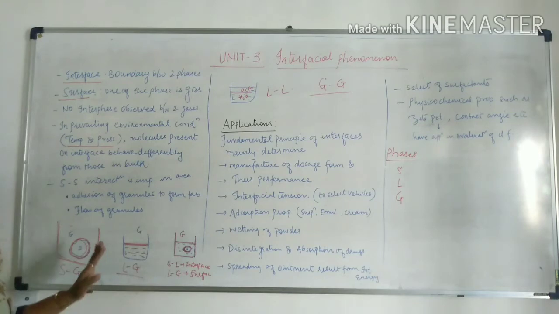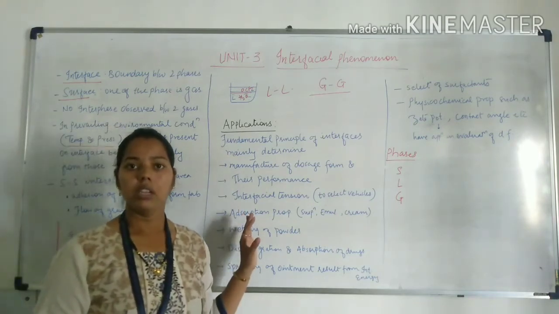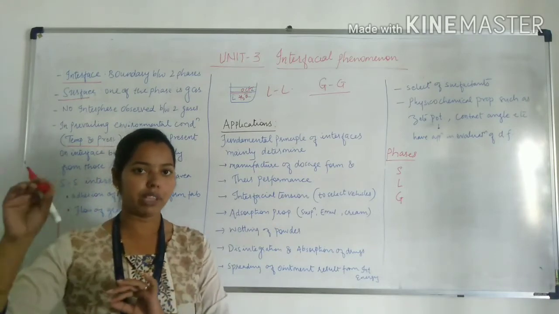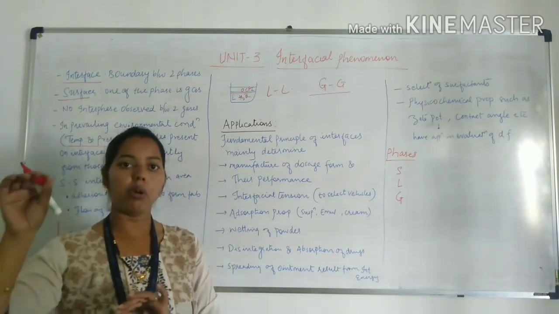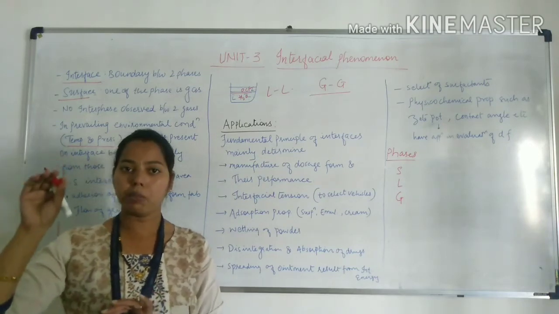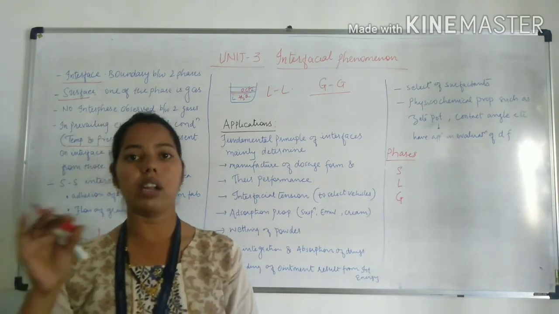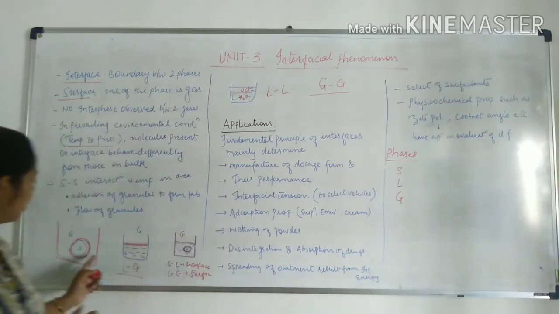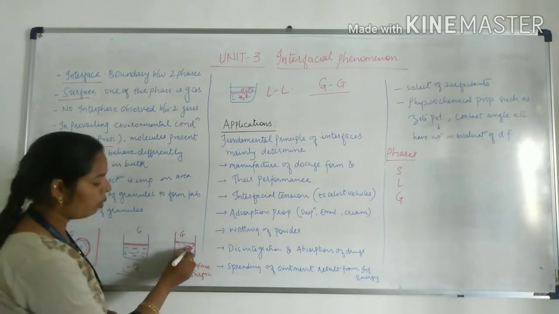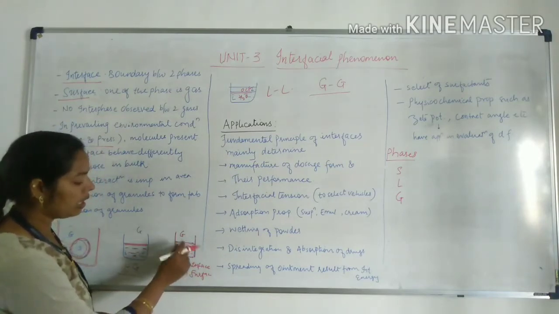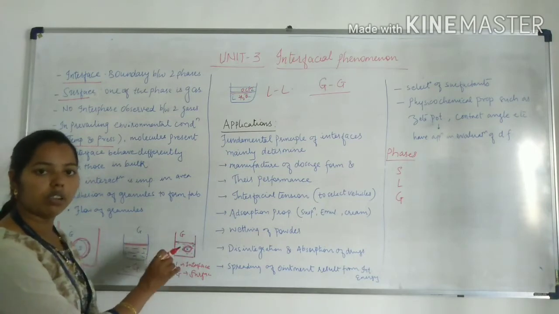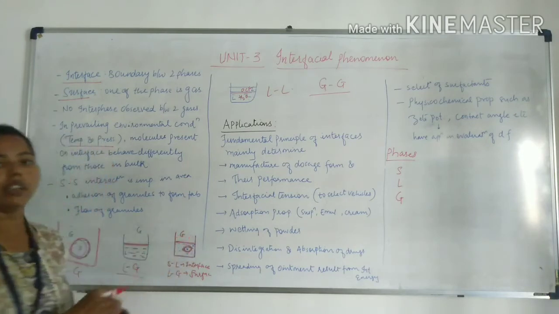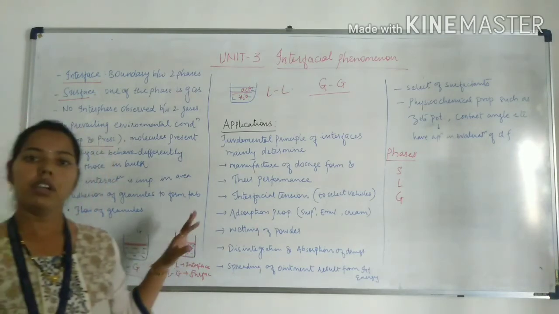It means that if a molecule is present in the bulk, and if a molecule is present at the surface, at the interface, then the molecule at the interface will behave differently rather than how it behaves in the bulk. It means, suppose there is a molecule. If this molecule is in bulk, it will behave differently, and if this molecule is at the interface, then it would behave differently.